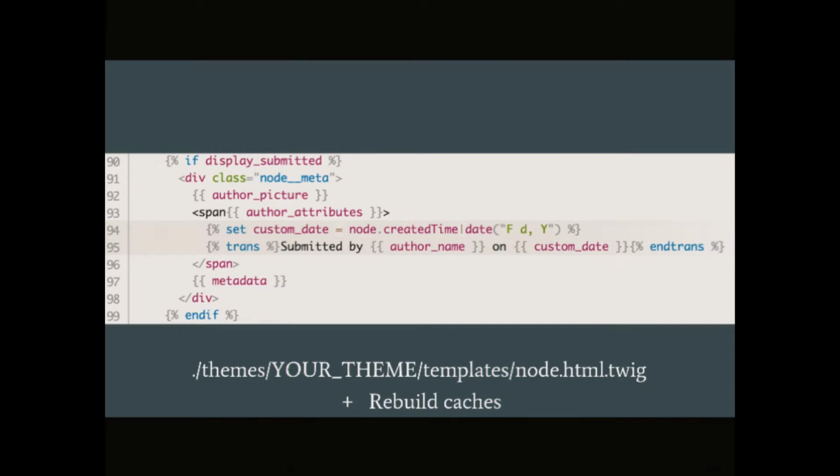One thing important about this particular example: the author name and the date variables that are within trans are HTML strings already pre-processed in the backend. It is a best practice to never pass HTML from the backend to the frontend.